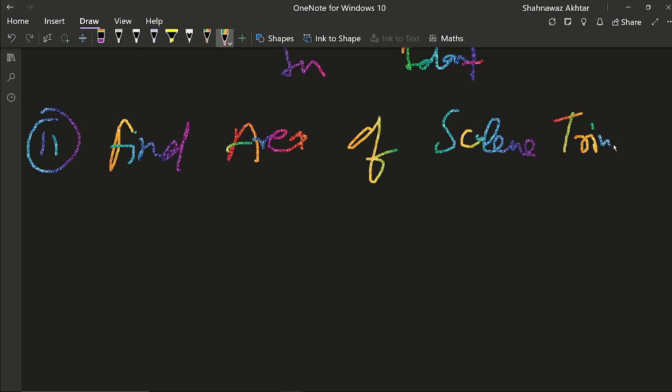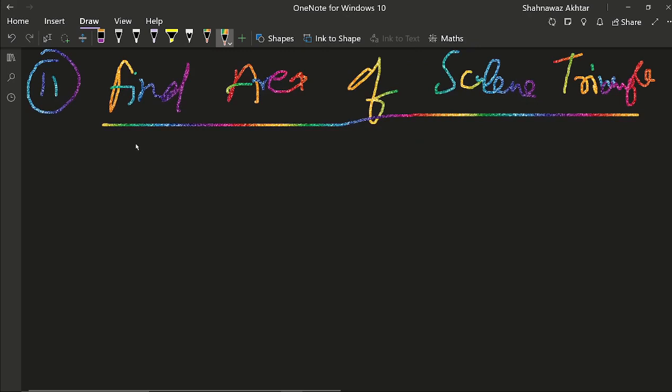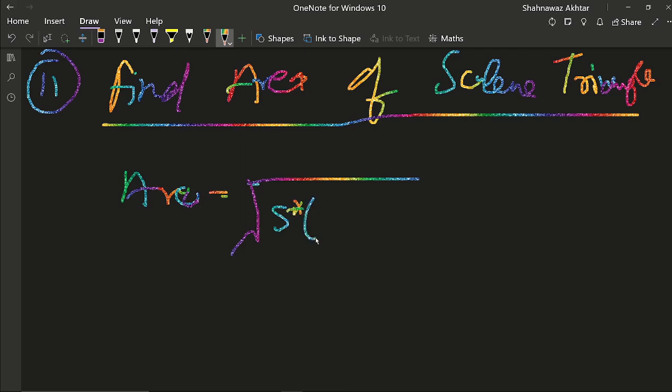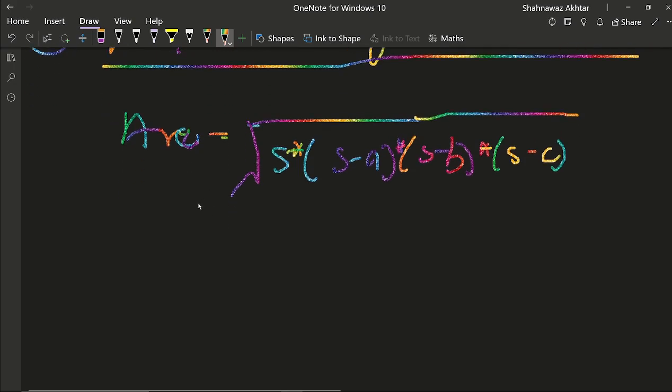If you have taken mathematics and you have read that, then you have the formula: area equals under root s into s minus a into s minus b into s minus c. All right. So this you are having.